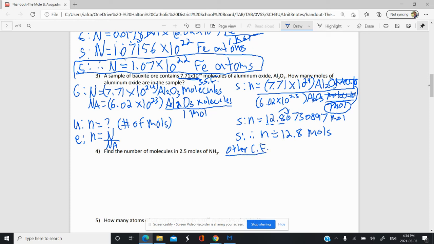So if we did that, you would have done 7.71 times 10 to the power of 24 Al2O3 molecules and multiplied it by the conversion factor of 1 mole over 6.02 times 10 to the power of 23 Al2O3 molecules. Let me just write that to have more room here. Otherwise, it's very messy.